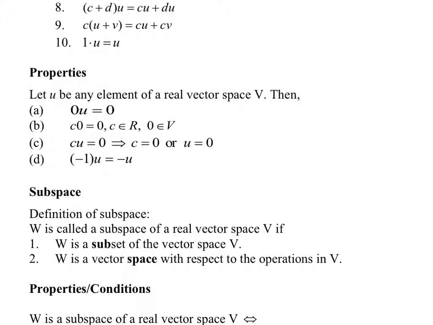All right, so we have our properties. The properties I think are pretty standard, but the definition of a subspace is if the conditions are met, W is called a subspace of a real vector space V if W is a subset of the vector space V, and W is a vector space with respect to the operations in V.